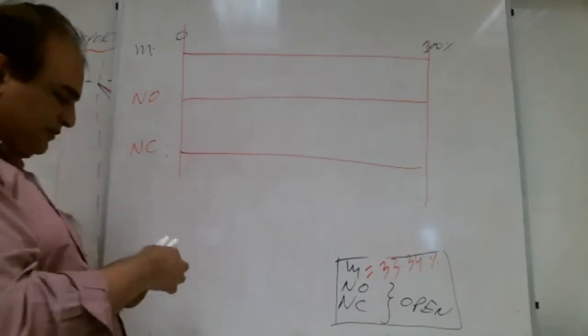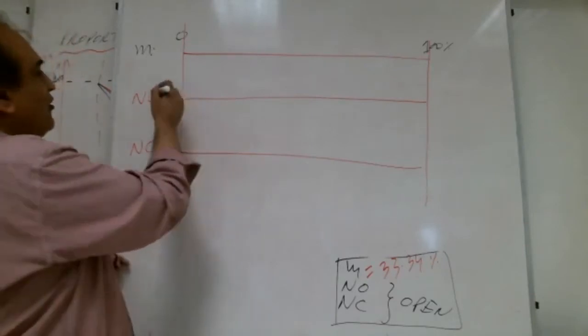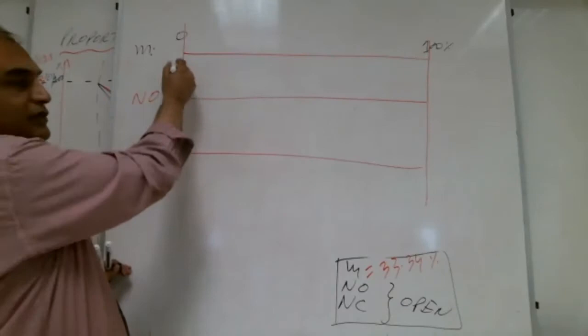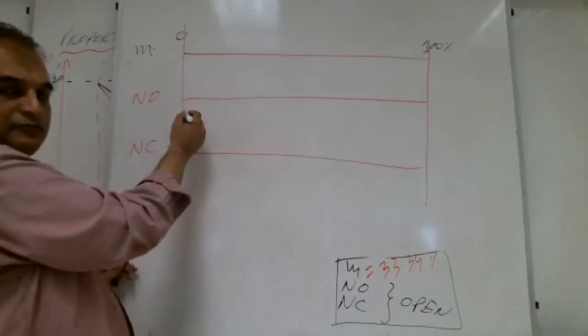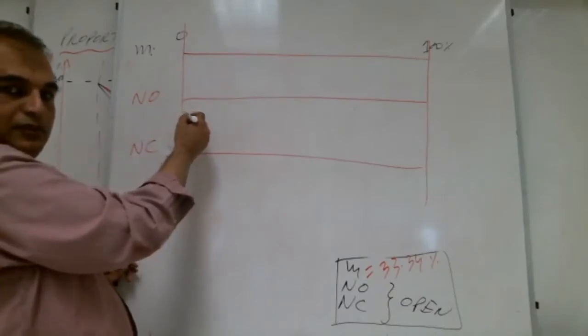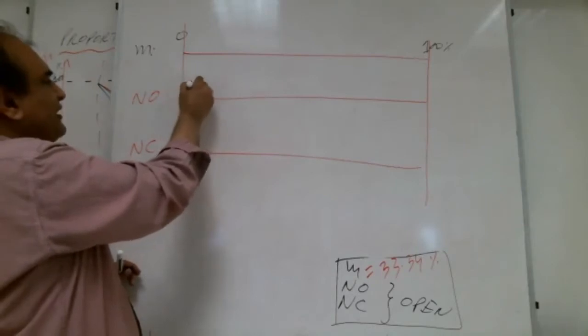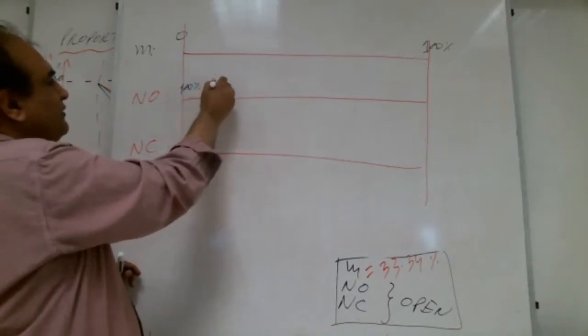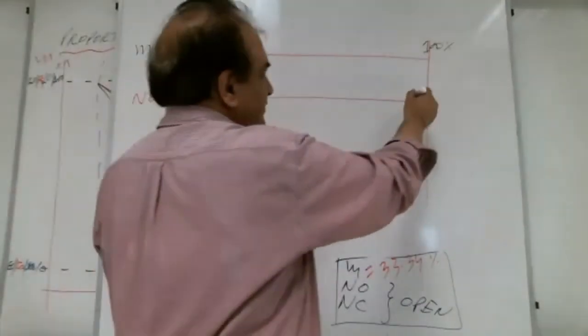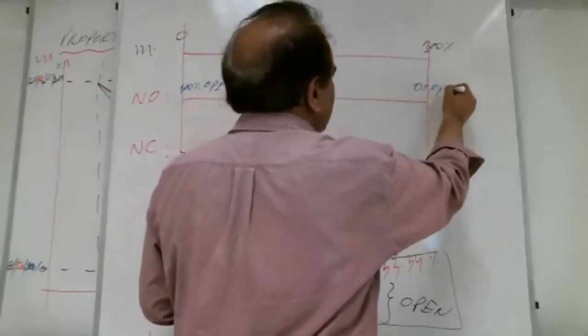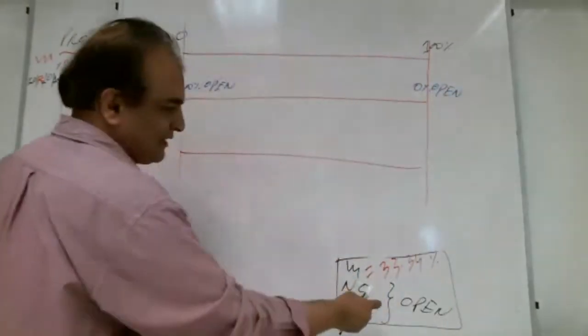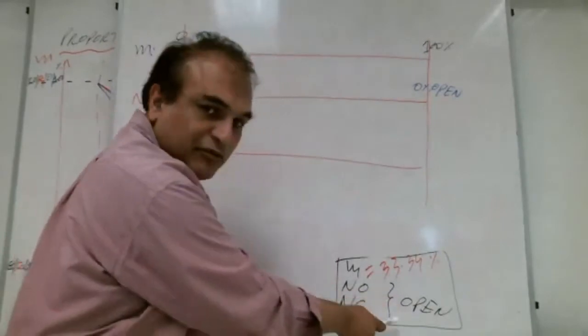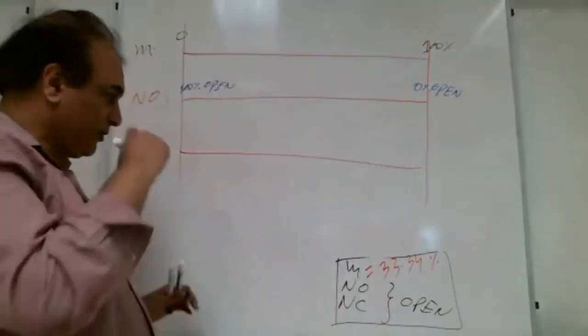Normally open valve: how much open here, with no signal? 100% open. Very good. How much open here? 0% open. And we don't need the close because the question is just open.